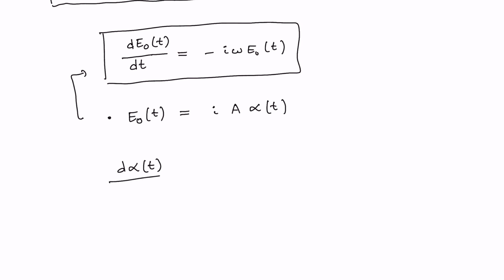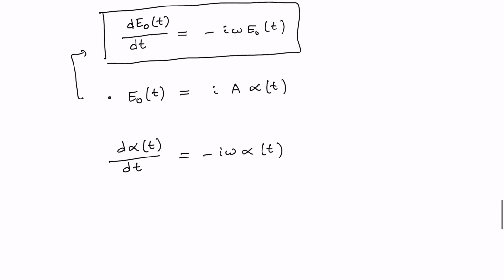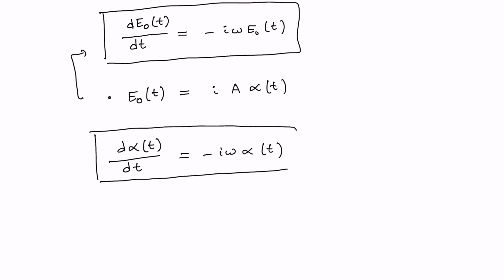So I am going to have d alpha/dt is equal to minus i omega alpha of t. Okay, and this equation, as you can see, fully describes the electromagnetic field in the given mode, because ultimately alpha is related to the complex amplitude of the electric field and A is a constant. So alpha of t overall describes the whole dynamics of the electromagnetic field in the given mode.